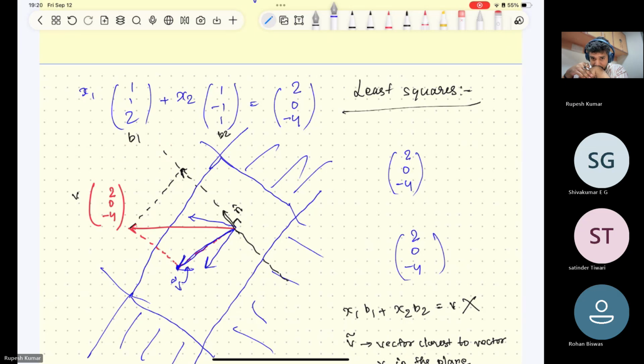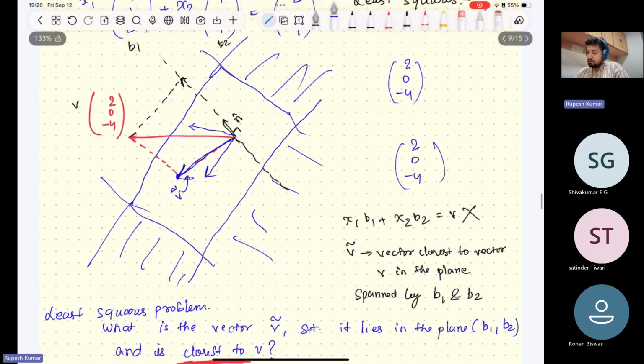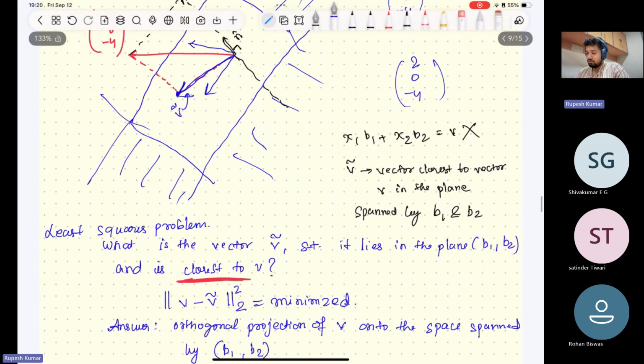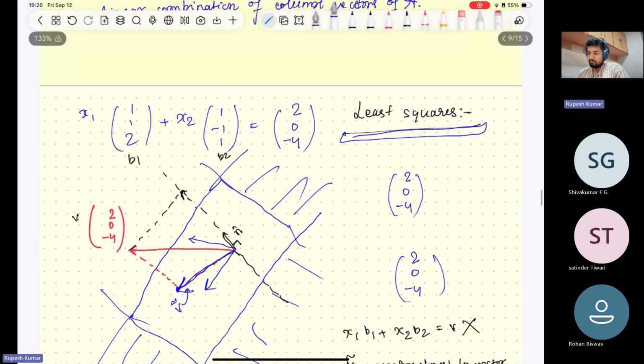Yes, this will be the least squares solution to this problem. So this will give you the vector which is in the plane and closest to the vector V.